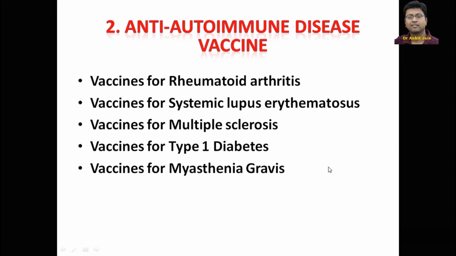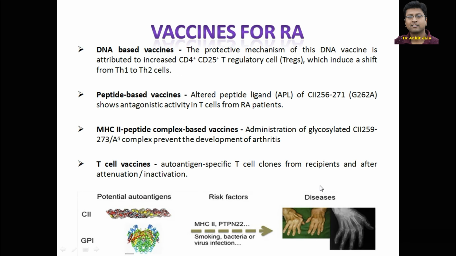Now second is the anti-autoimmune disease vaccine. I will cover autoimmune diseases like rheumatoid arthritis, systemic lupus erythematosus, multiple sclerosis, type 1 diabetes, and myasthenia gravis. So, vaccines for rheumatoid arthritis. First is the DNA based vaccines.